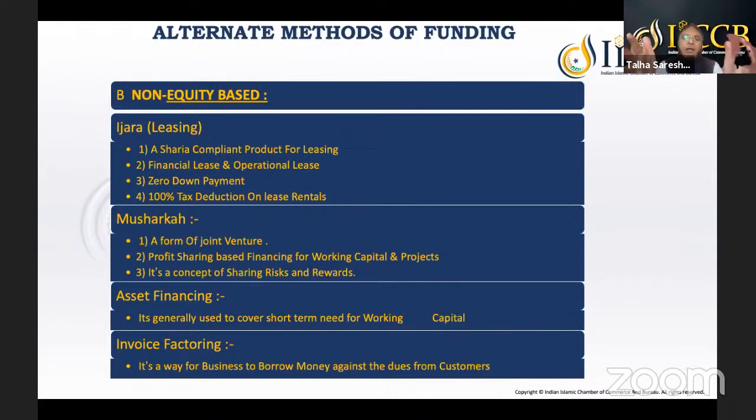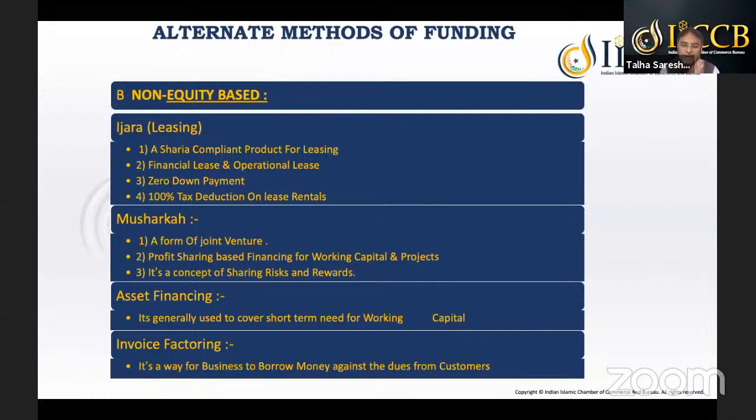But suppose you have a large amount of inventory and unused machinery, and you need working capital, this can be leveraged and made a Sharia compliant product to get the financing for your working capital needs.